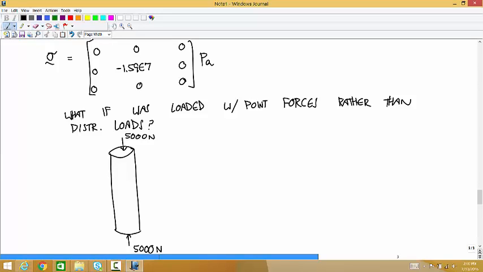Can you say anything about the stress in this case? Yes, St. Venant's theory, that distance L. That's exactly right.